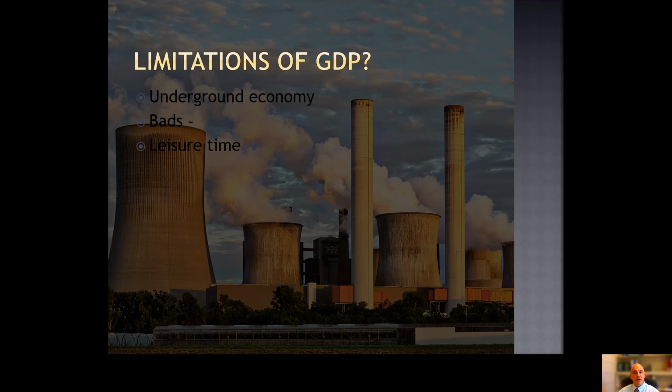It also includes the value of things that are bad for us. So, for example, we may have a very high GDP in the United States, but we also have a very high level of pollution in the United States.